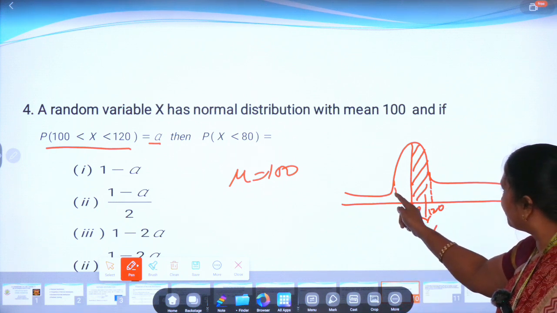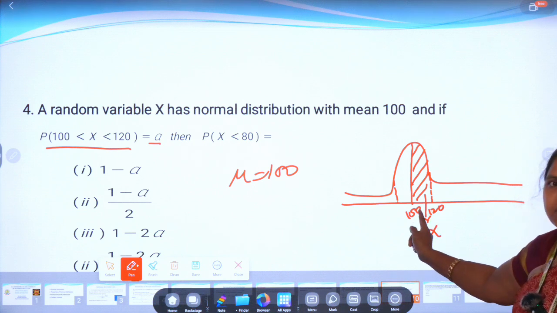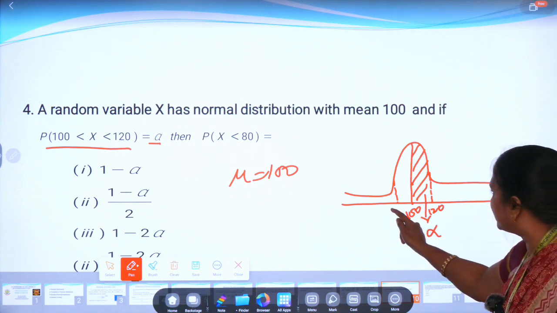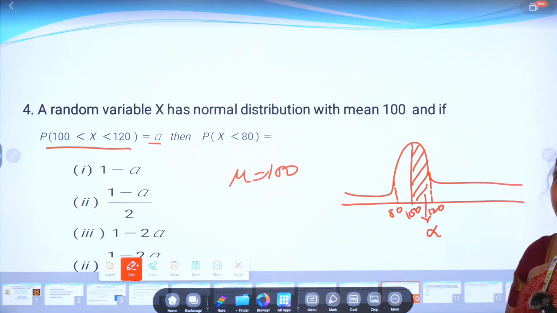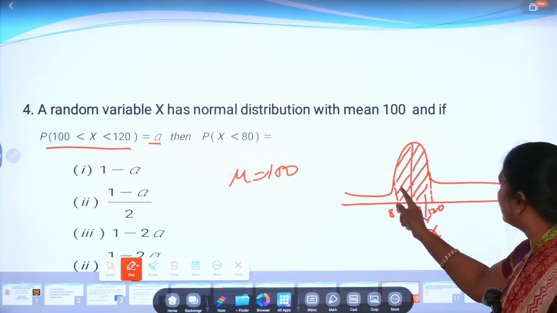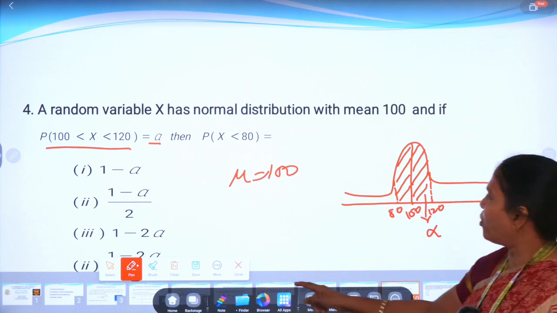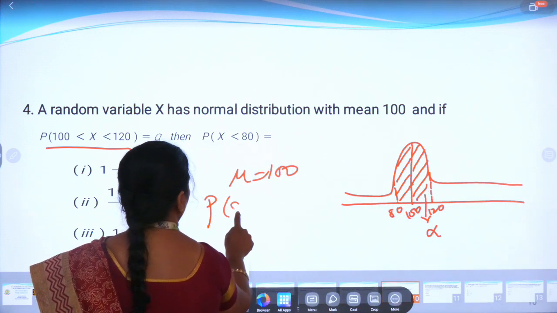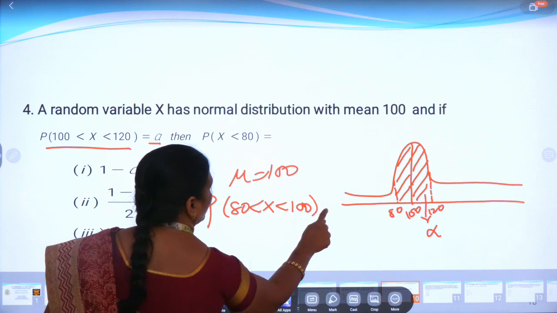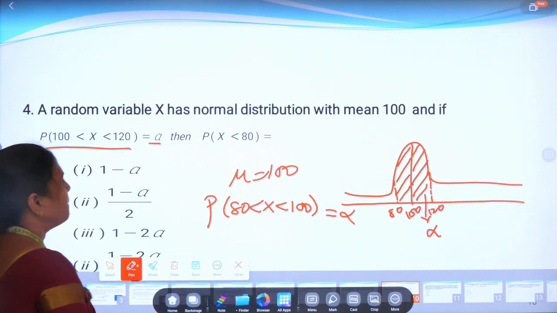If 100 plus 20 is 120, then on your left hand side it is 100 minus 20, which is 80. Since it is a symmetric distribution, the probability of 80 less than x less than 100 is also equal to alpha.